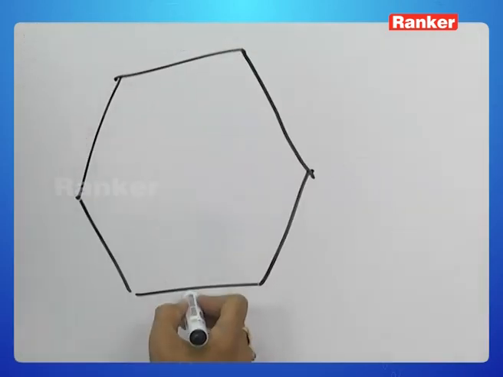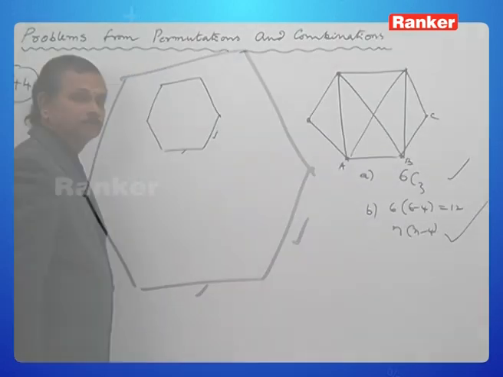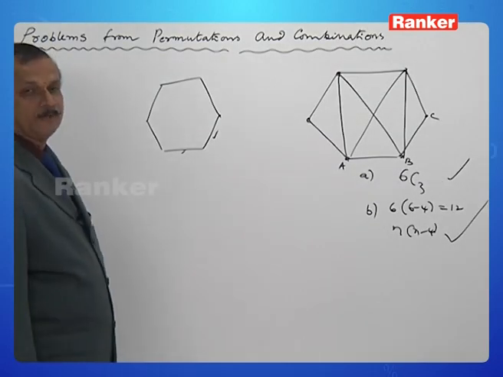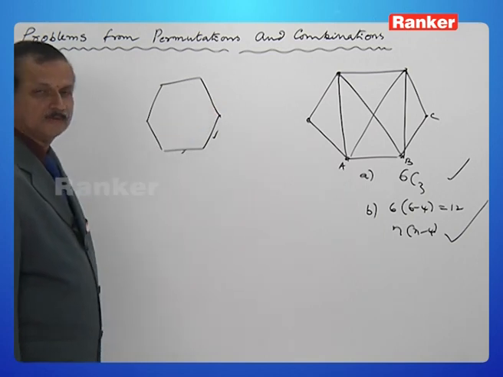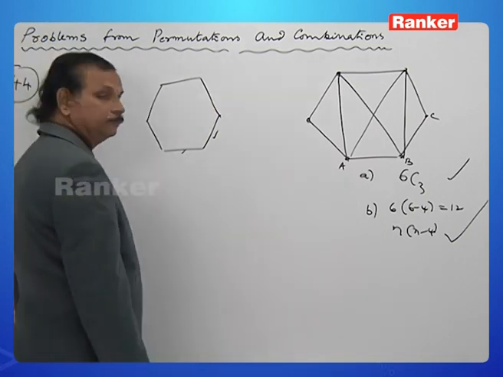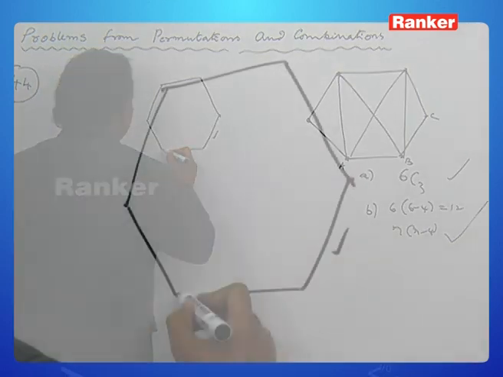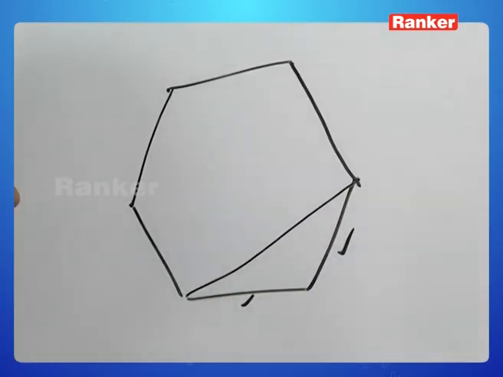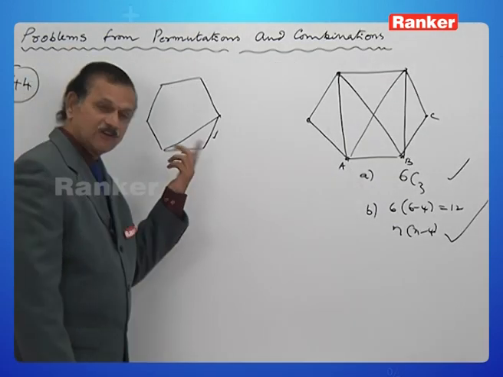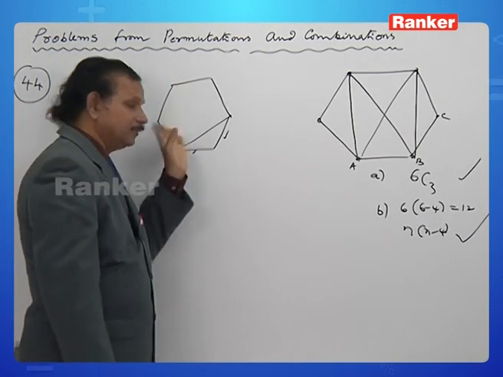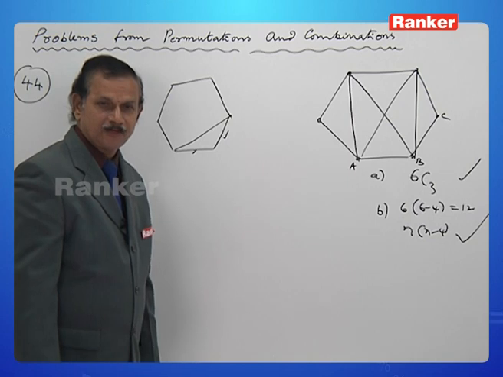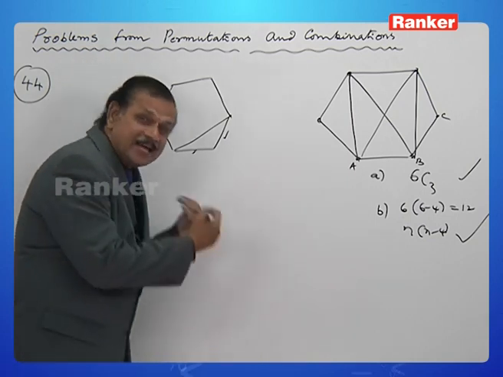Let me take these 2 as the sides common to those triangles which are going to be formed. So, you just join these. This is a triangle in which 2 sides are in common with those triangles formed by joining the vertices. What has happened here?